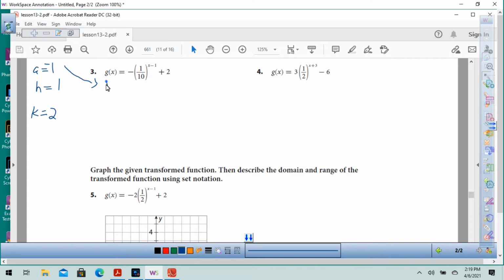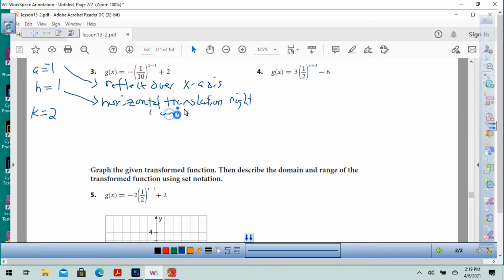So this reflects over the x-axis, and this is going to be a vertical translation up 2 units.